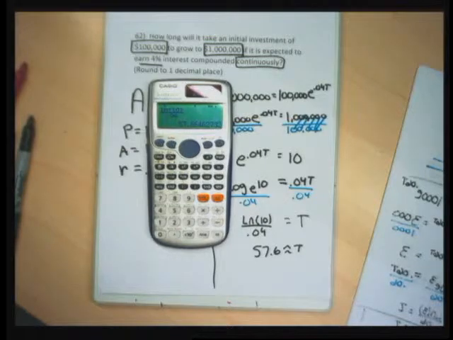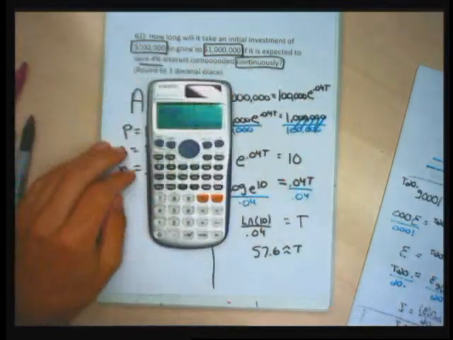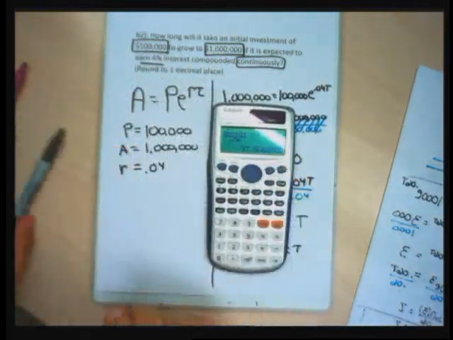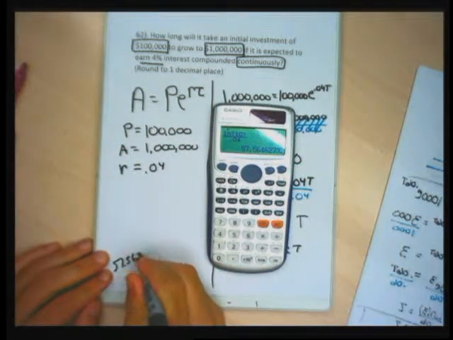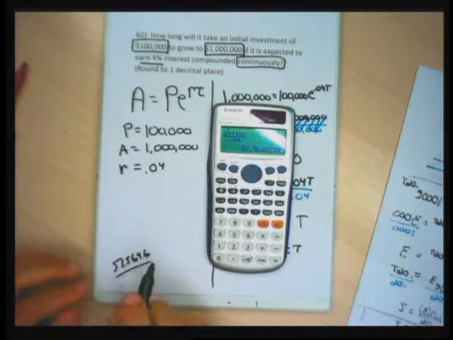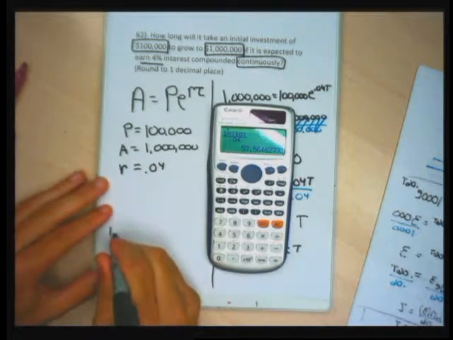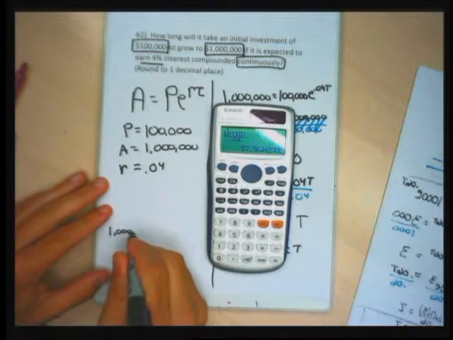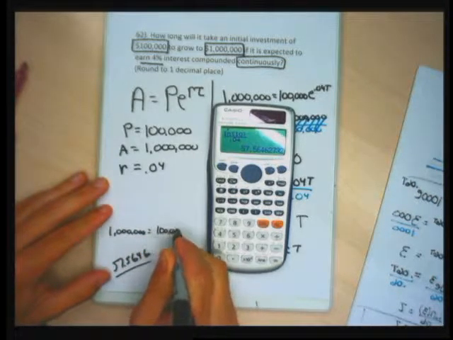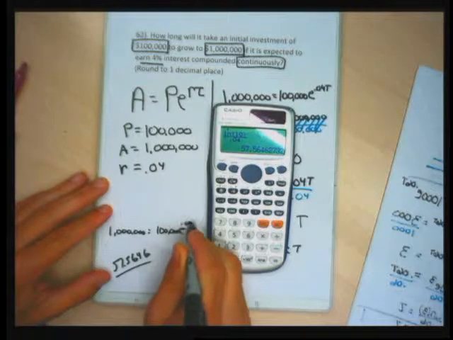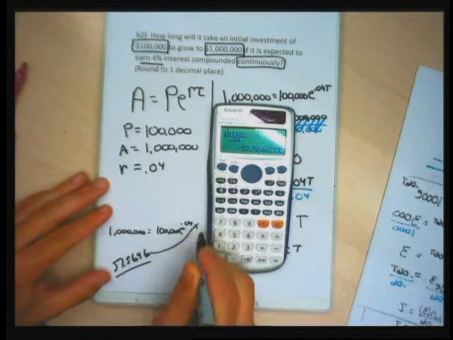It's easier, so I'm going to check up here, and I'm not even going to write my checking. I'm going to check 57.5646. When I check, I'm going to say, does 1 million equal 100,000 e to the 0.04 times that?